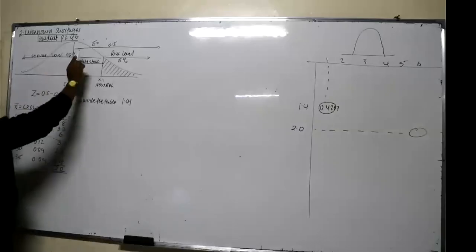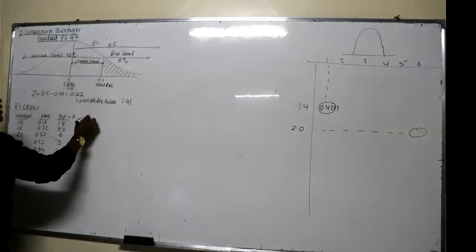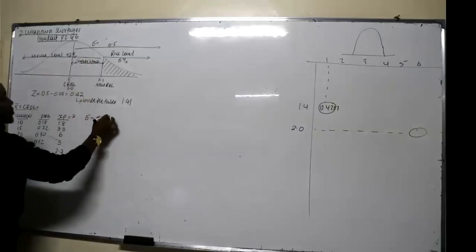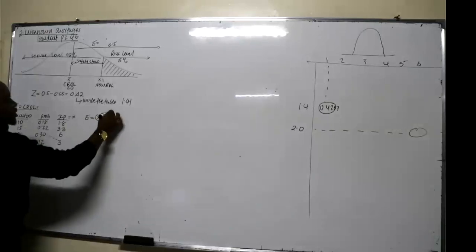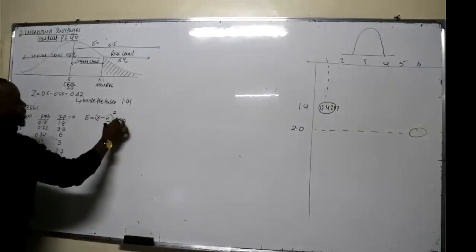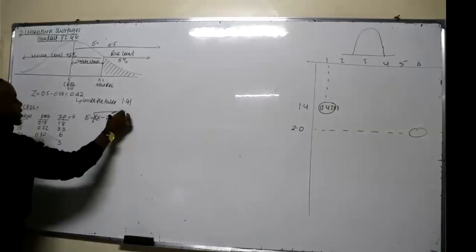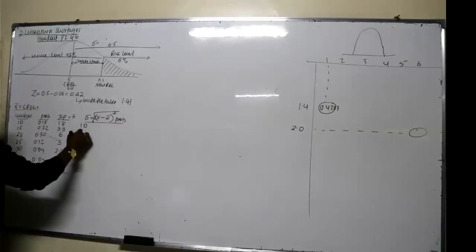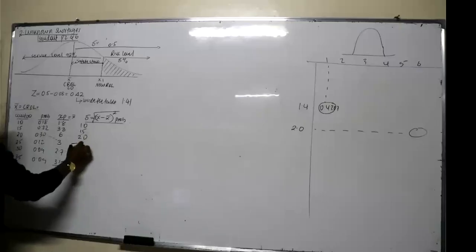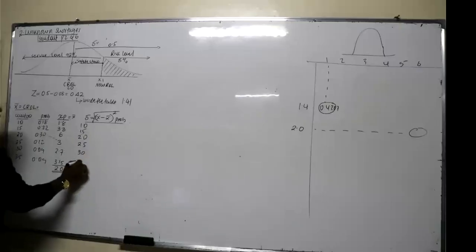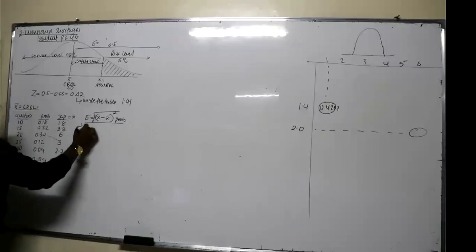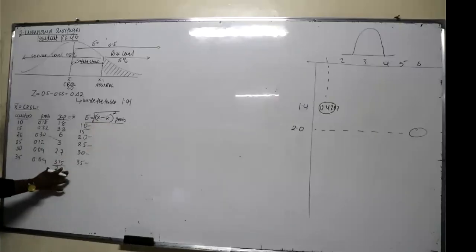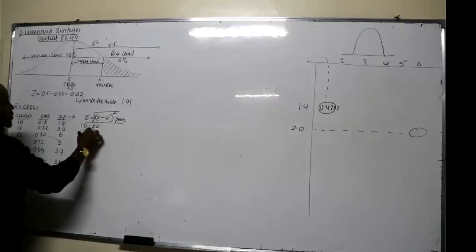We also need the standard deviation. To get the standard deviation, you take X minus X bar squared times probability. You add all of them, then you get the square root. We have our X's here: 10, 15, 20, 25, 30, 35. You compare against the average. The average is 20.